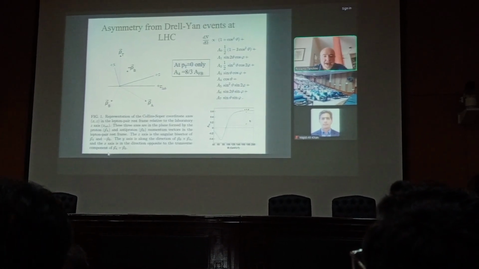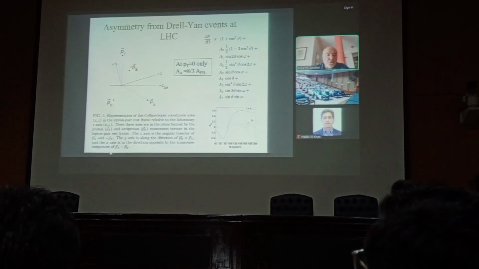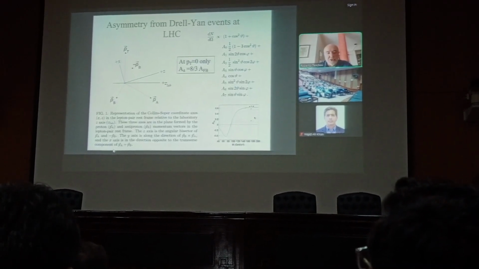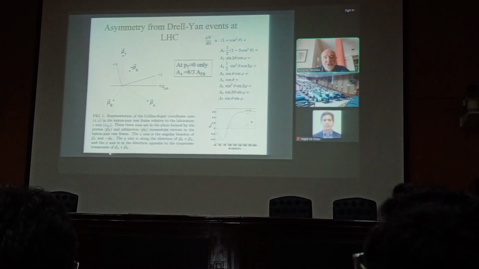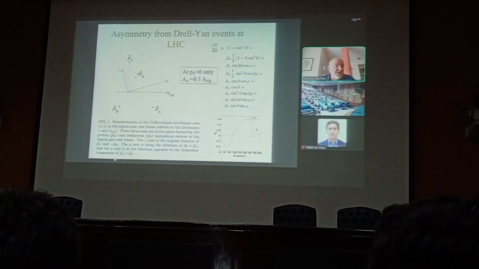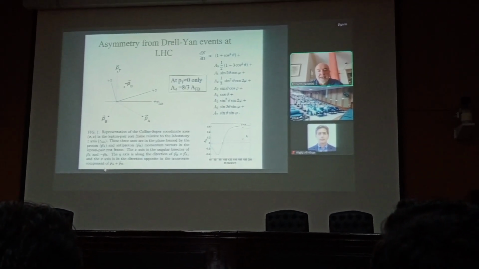Essentially you use the angular bisector of the proton and the other proton, or antiproton in the case of Tevatron, and it can be shown that this bisector is a proxy for the direction in the center of mass.